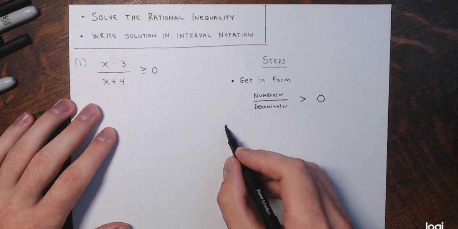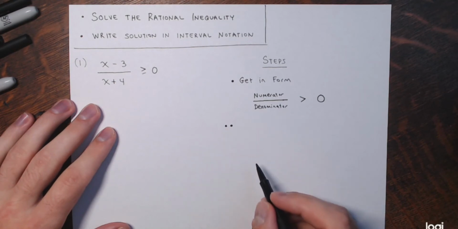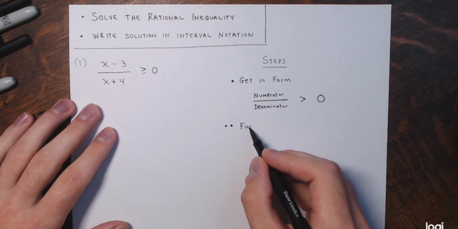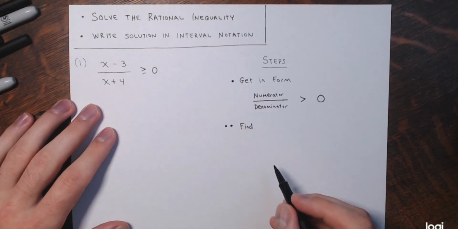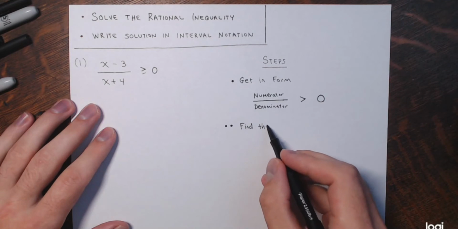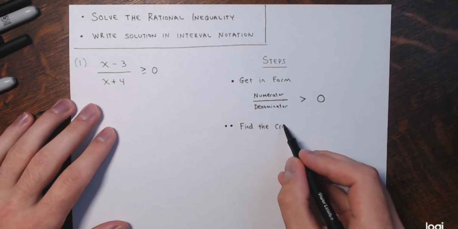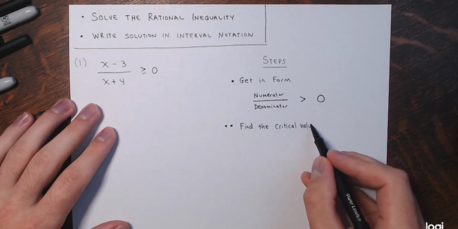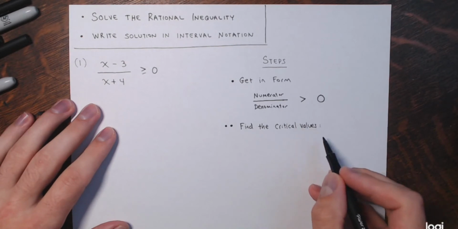The next step is to find what the openstax.org Intermediate Algebra textbook calls the critical values, so I'll call them that too. Find the critical values of the variable.